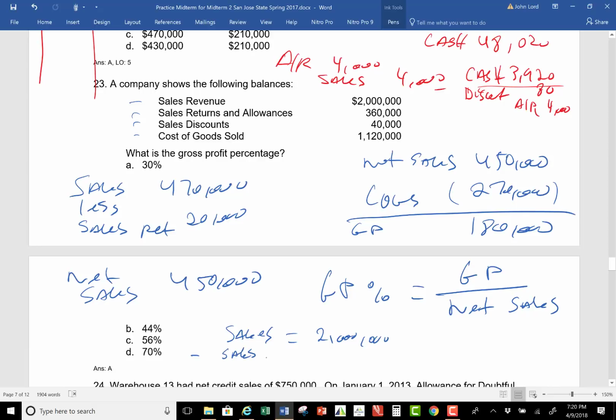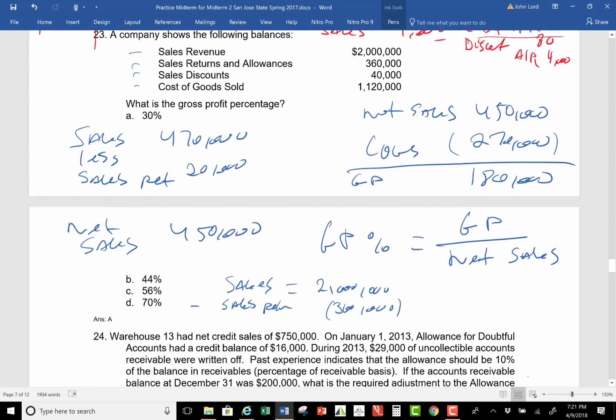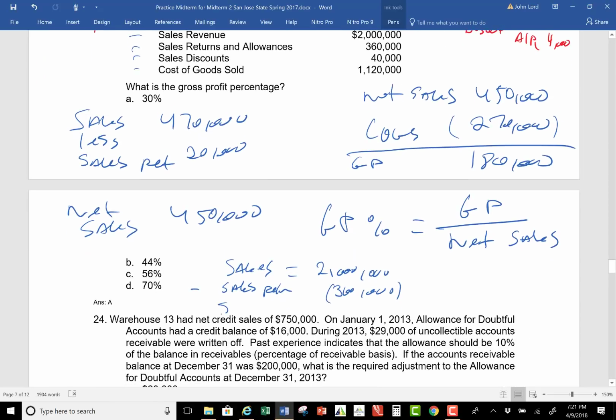Sales returns is going to be 360,000. That's going to subtract off, right? Anything else? Sales discounts got to come off, of 40,000. Anything else? I don't think so.